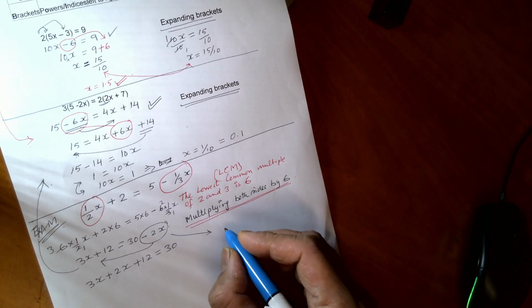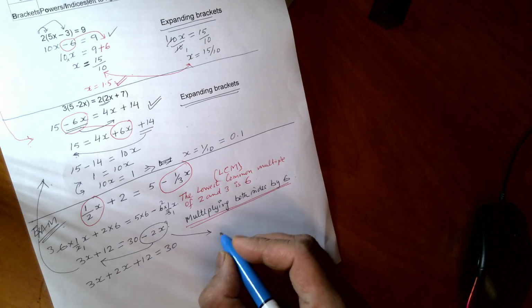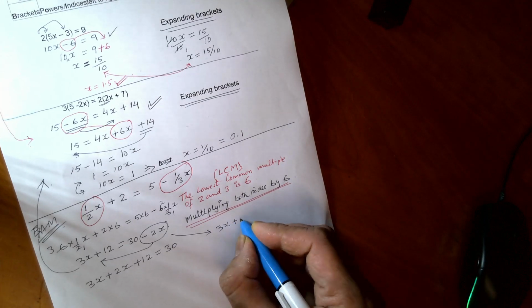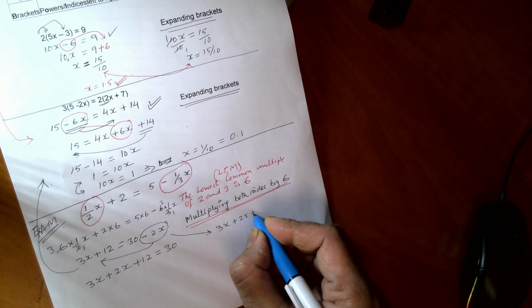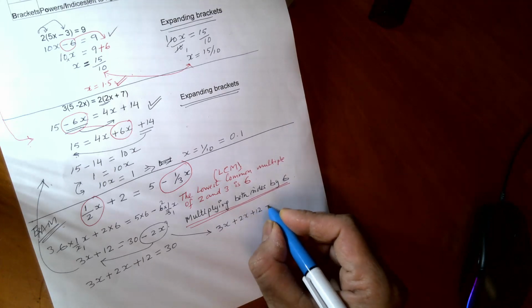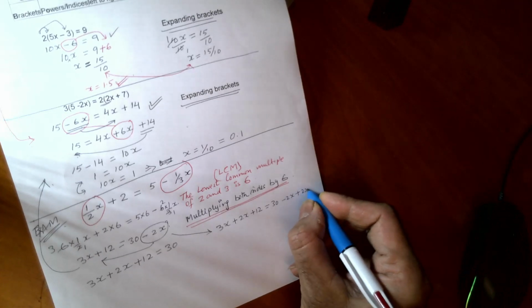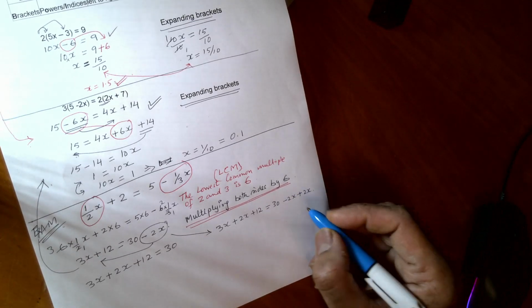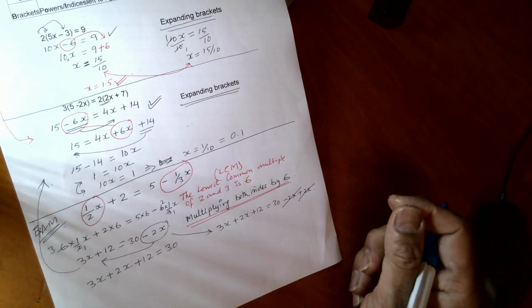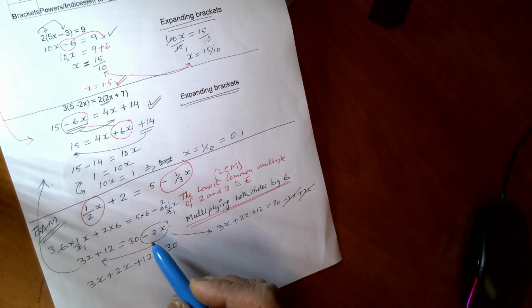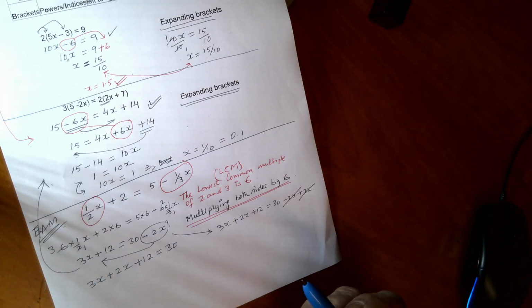You can also do it the other way, which is 3x plus 2x plus 12 equal 30 minus 2x plus 2x. You got rid of that. You can do this as well, or simply transfer this to the other side.